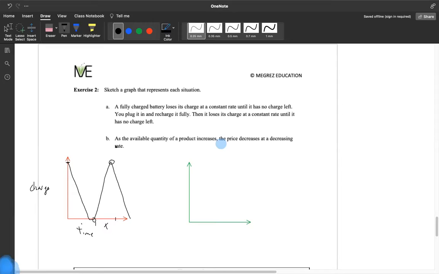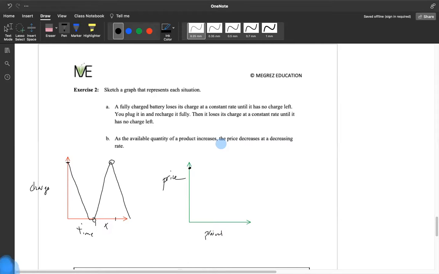Okay, and so B says, as the available quantity of a product increases, the price decreases at a decreasing rate. So here's our price again, and then this is the available quantity of a product. And so at the beginning, we had a bunch of product, right?